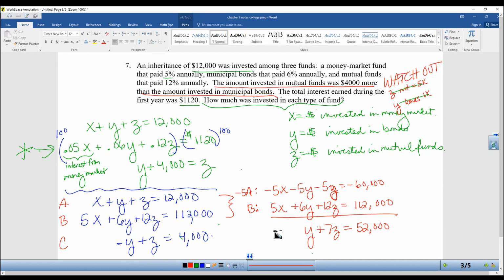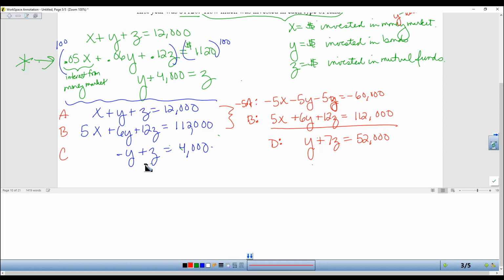Now, oh, I don't have to do anything to them because this already is a negative y and a positive y. So you didn't have to label it D. You can just put them together. If you add them together, you get 8z is equal to 56,000. So 56,000 divided by 8 is 7,000.